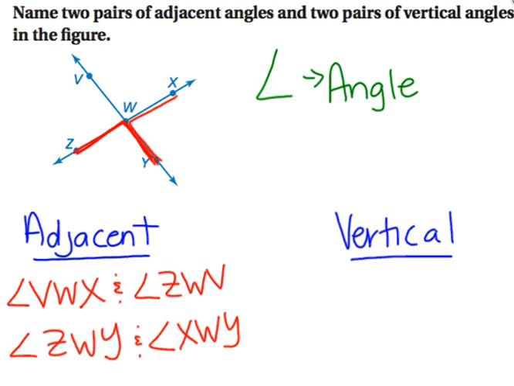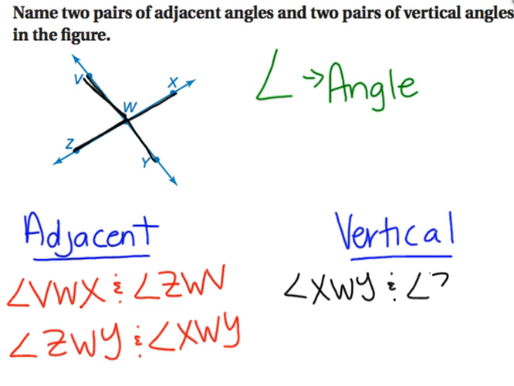Okay, then for my vertical angles, those are my ones that are opposite of each other. So I can use XWY, so angle XWY. That one I only have one option. That's going to be vertical to ZWV. Angle ZWV.